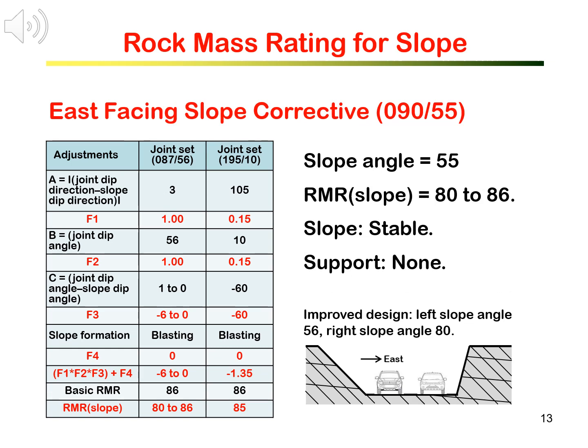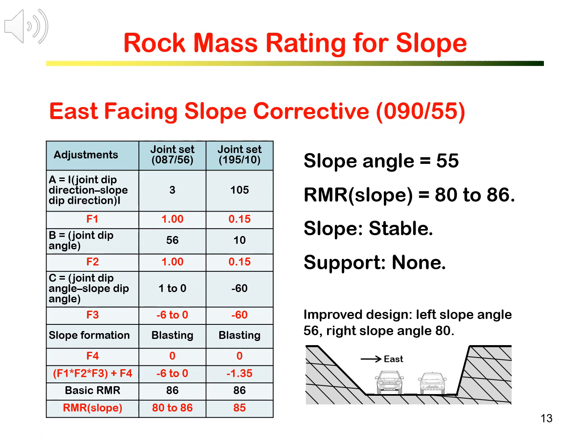Let us go back to the east-facing slope. We have a problem with its stability. It is unstable and requires substantial support or correction in design. Can we improve the rock design by making the slope more stable, requiring less support, and reducing the construction cost?